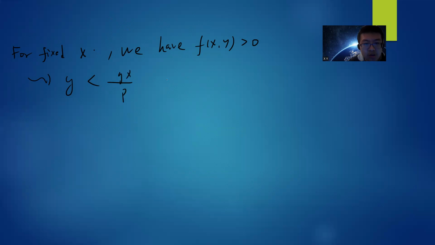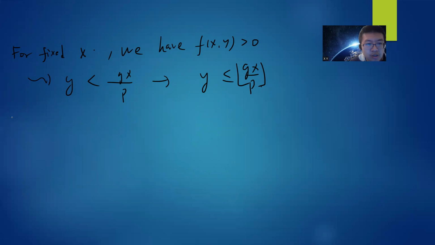Okay, so the very stupid thing happens, right? For fixed x, suppose we have f(x,y) greater than 0. Then this just tells you that y is less than qx divided by p, or basically y is less than or equal to the floor of qx over p.